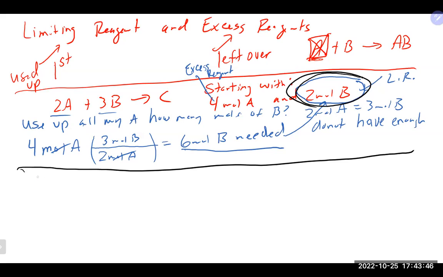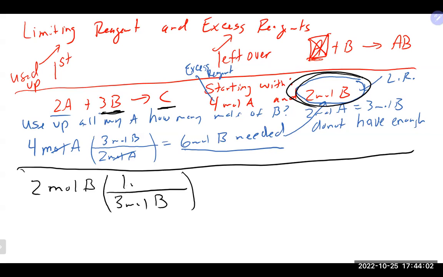So in this case, if we were to do this problem and want to figure out how much product 2 moles of B makes, using the mole to mole relationship from the equation between B and C, which is our product here, we would go 3 moles of B, 1 mole of C. Moles of B will cancel.